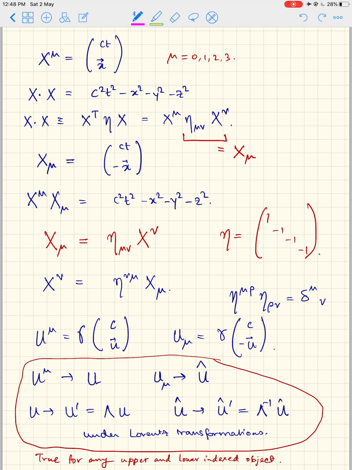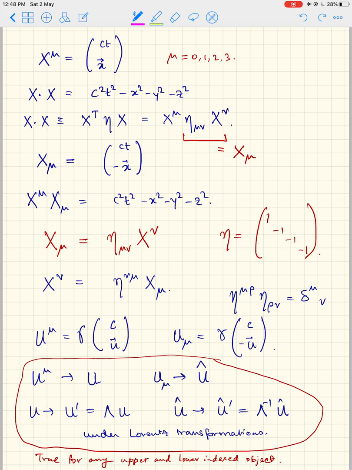Another thing that I want to emphasize, I'll try and give you some homework and clarify this a little bit more, is that if you have any upstairs index, let's look at U. We'll denote this as this matrix, if you wish, U, and the lower with this U hat.